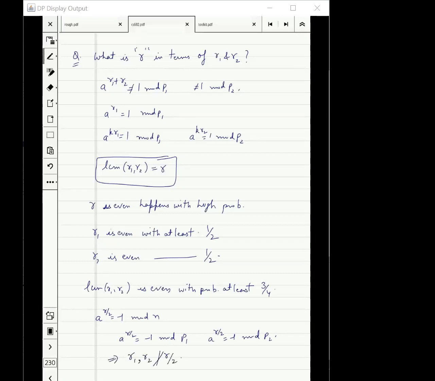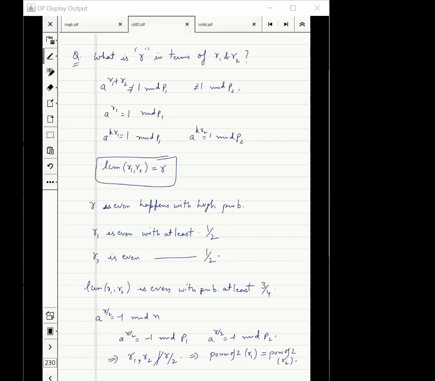Right? Since A to the power R by 2 is -1 mod P1, that means R by 2 is not a multiple of R1, and R by 2 is not a multiple of R2. This actually implies that the power of 2 in R1 should be equal to the power of 2 in R2. Again, I'm going into too much detail, but you can look at the formal proof if you want to, but this is the idea.